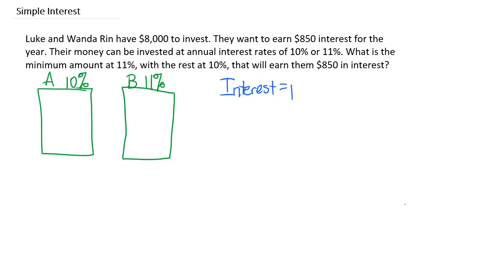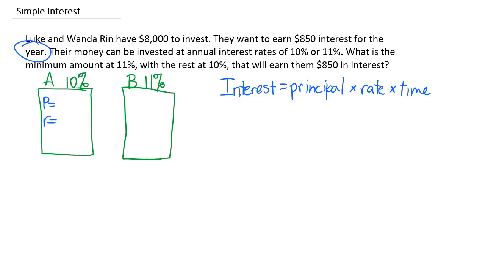is equal to the principal times the rate, which is your 10% and 11%, times the amount of time that you're investing. And in this case, it says for 1 year. So our principal for our 10% account, we'll come back to that.